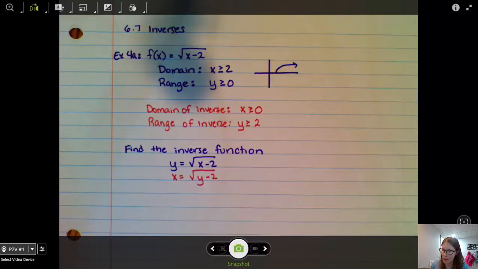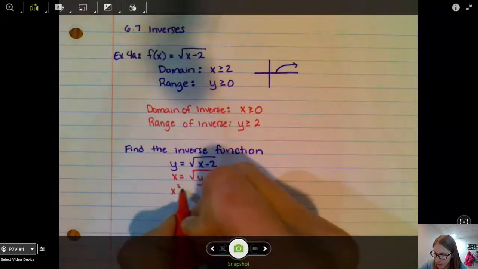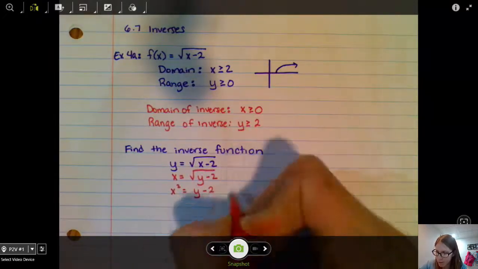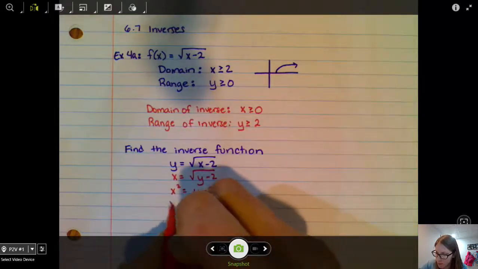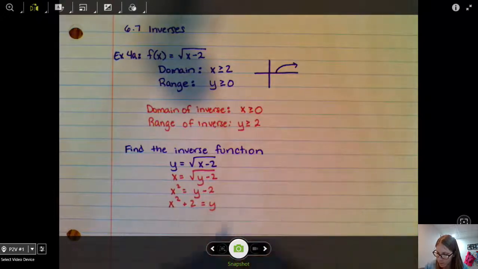Okay, well, to get this y by itself, I need to get rid of the square root. So I'll square both sides, and then add 2 to each side. Okay, so this is the inverse function.